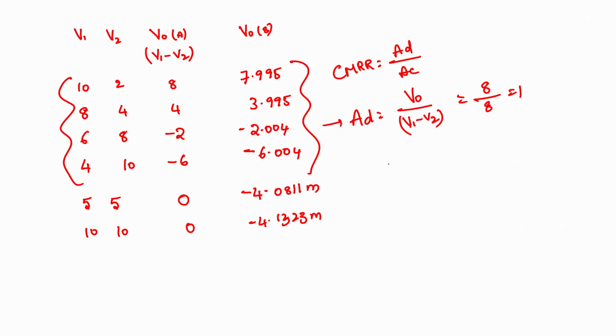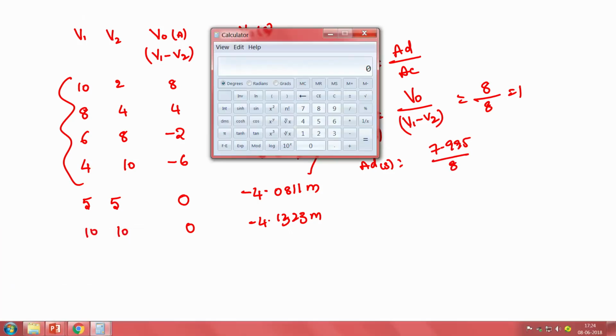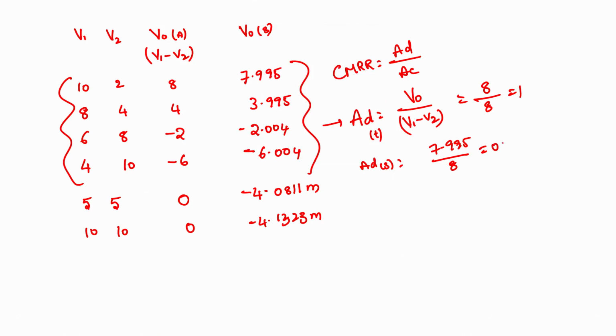What about the practical? This is theoretical. So in the simulation, V naught is 7.995 divided by 10 minus 2, that is 8. When I calculate, I am taking the calculator: 7.995 divided by 8 is 0.999, which is almost equal to 1.